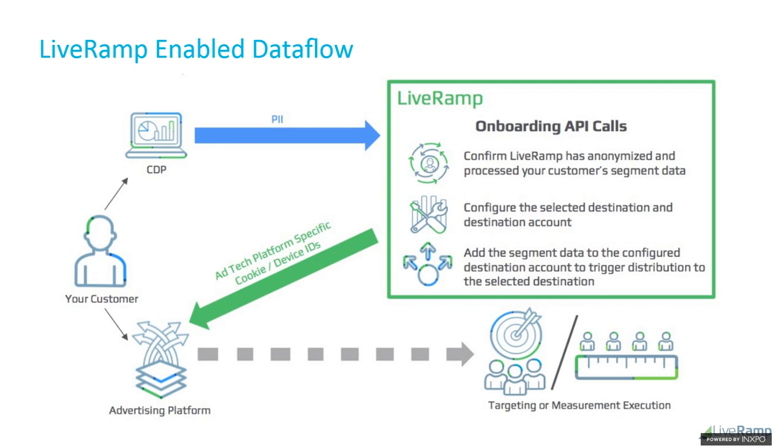We can then immediately distribute it to one, what we call destinations, or many, many destinations across the digital ecosystem at one time. So there's a couple benefits of using something like LiveRamp to go to all of these digital destinations, as opposed to going to these digital destinations directly.